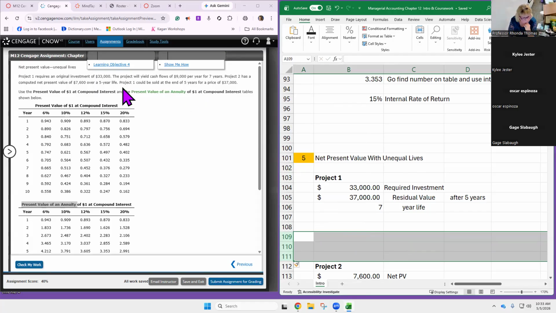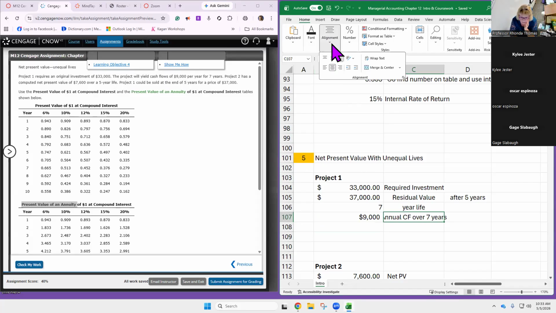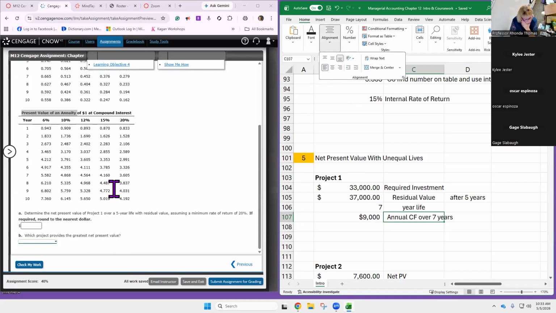Cash flow is 9,000 per year for 7 years. Let's see what they want done here.